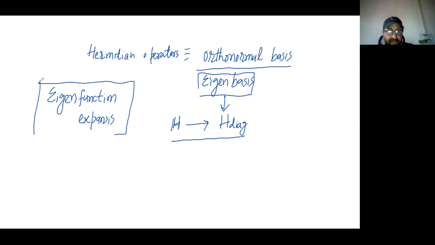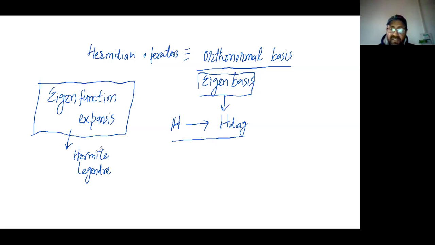You use Hermite polynomials, Legendre polynomials, Laguerre polynomials, Bessel functions. All of them are eigenfunction expansions, because they are eigenfunctions of some differential operators which arise in specific situations. If you have a spherical symmetry, then Legendre functions will arise. If you have some cylindrical symmetry, you will have Bessel functions arising.